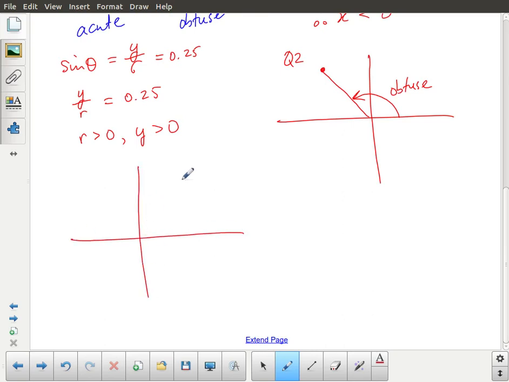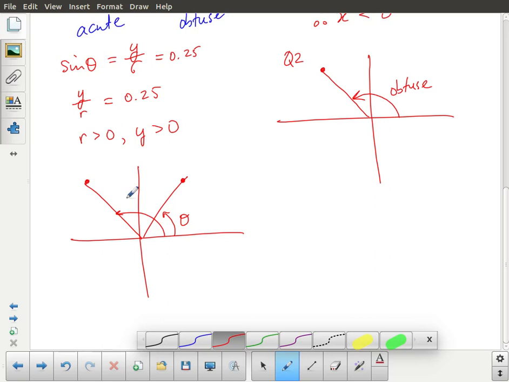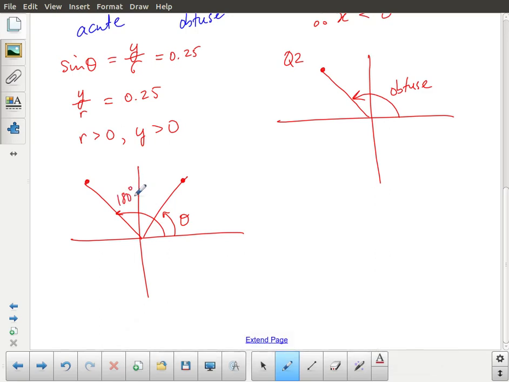That means we could have a point here, but we could also have a point here. Both of those points have positive y values. And so we end up with theta or, actually, let me write that as 180 degrees minus theta. Okay, but they're both valid answers because both of them have a y coordinate that is the same positive number.